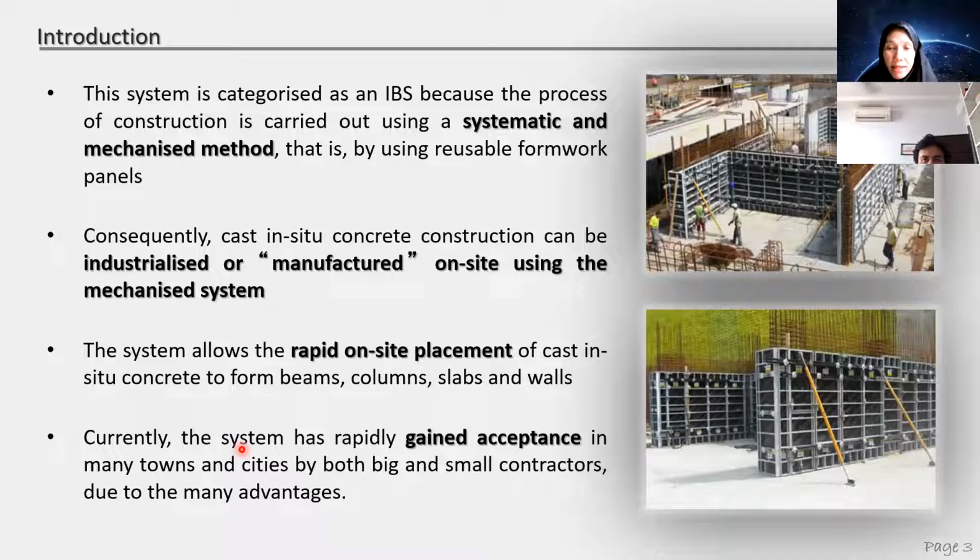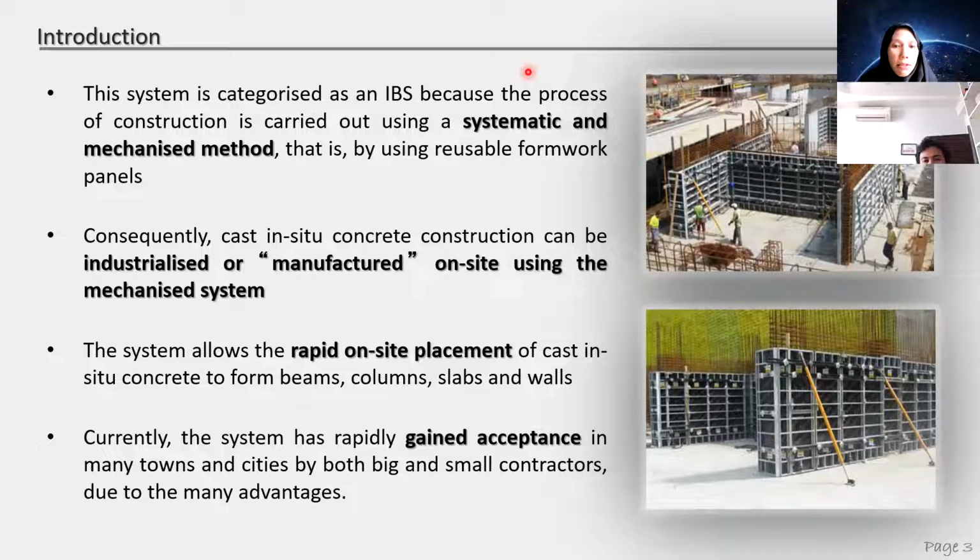Mechanized system means the formwork itself. So you make it mechanized rather than the traditional method, where you have to fix one by one. Of course you need to have the support system like scaffolding and strutting and soffit and also bracing for the formwork system.